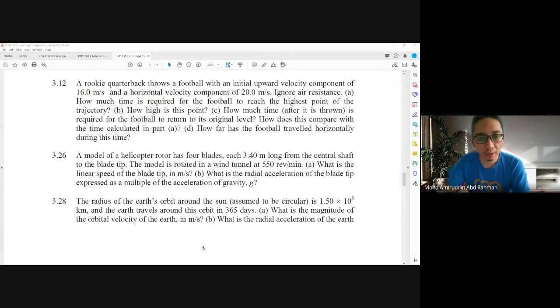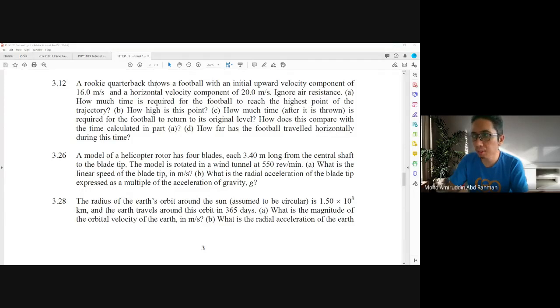And for B, the height of the point is 7.35 meter. And then C, how much time is required for the football to return to its original level.